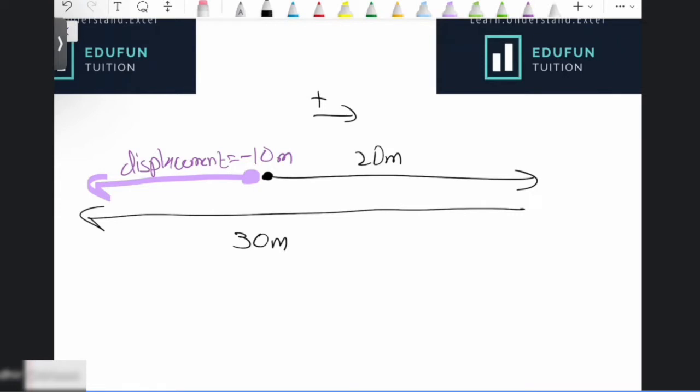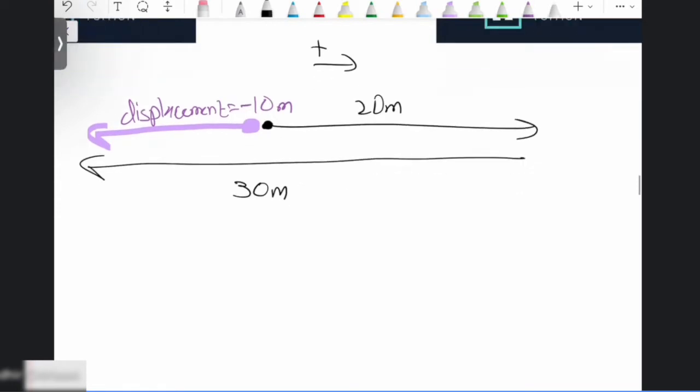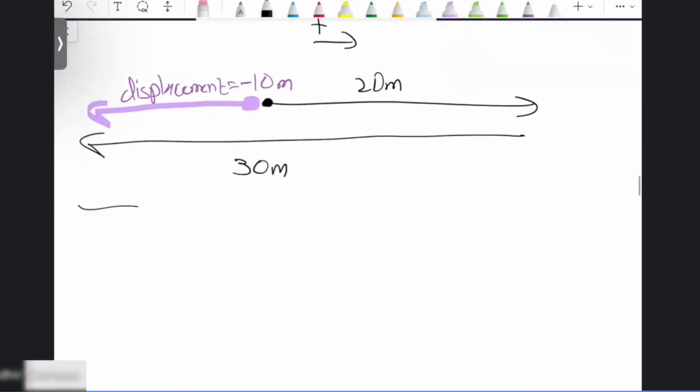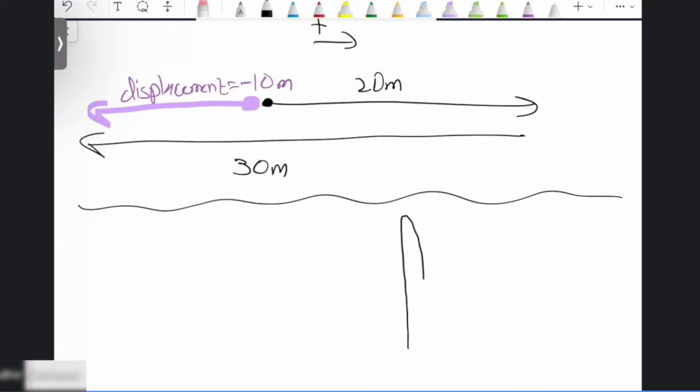Now in the exact same sense, let's say that I'm going up, but then I'm actually coming back down, like a vertical projectile. So this distance here is 50, and this distance here is 20.